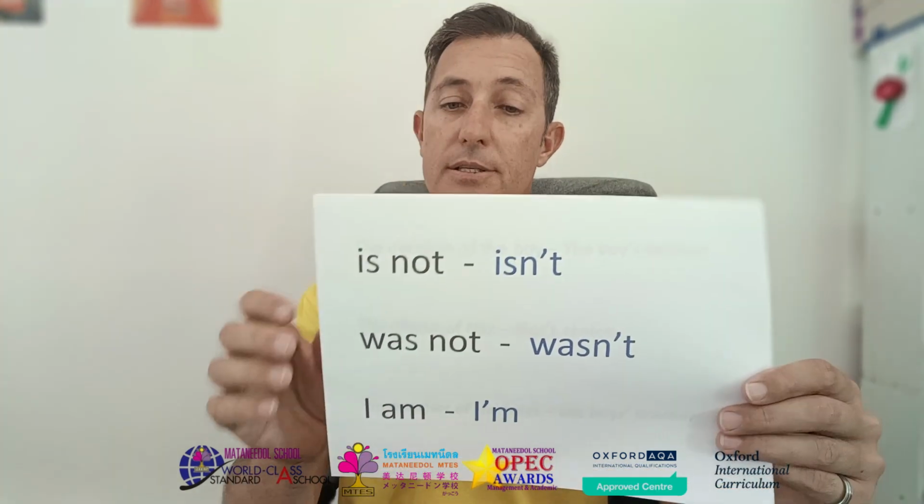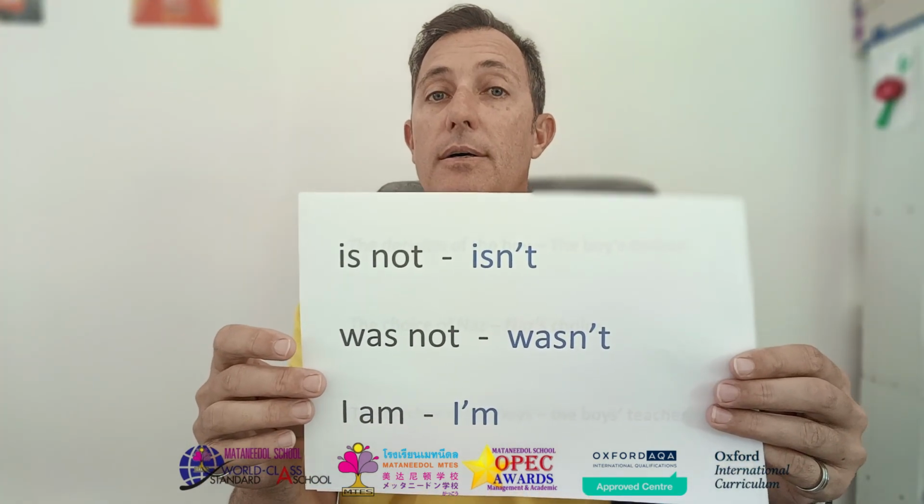So, the apostrophe in these three cases takes the place of the O in not for isn't and wasn't, and it takes the place of the A for I'm. That is the apostrophe when we're using it in terms of replacing missing letters.